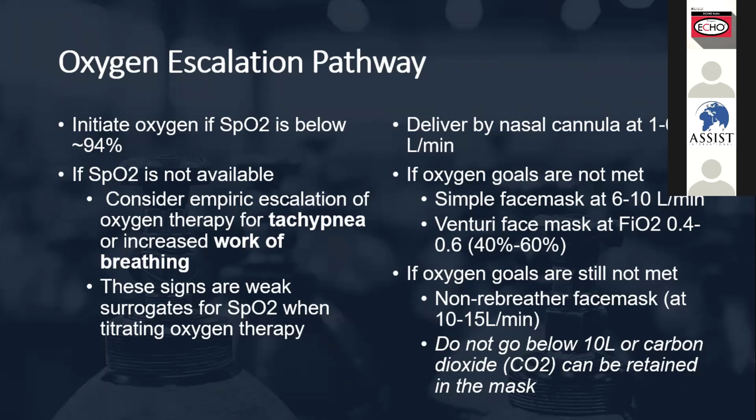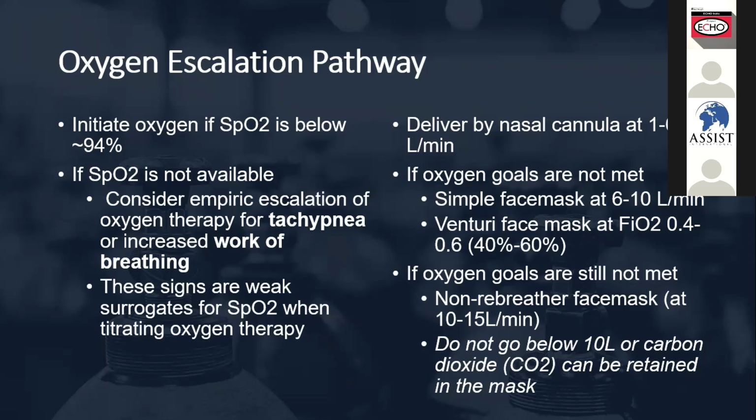If oxygen goals are not met, it means you are giving nasal cannula, but it's not helping your patient. So you will change from nasal cannula to a simple facial mask, which can administer a flow of 4 to 10 liters per minute.